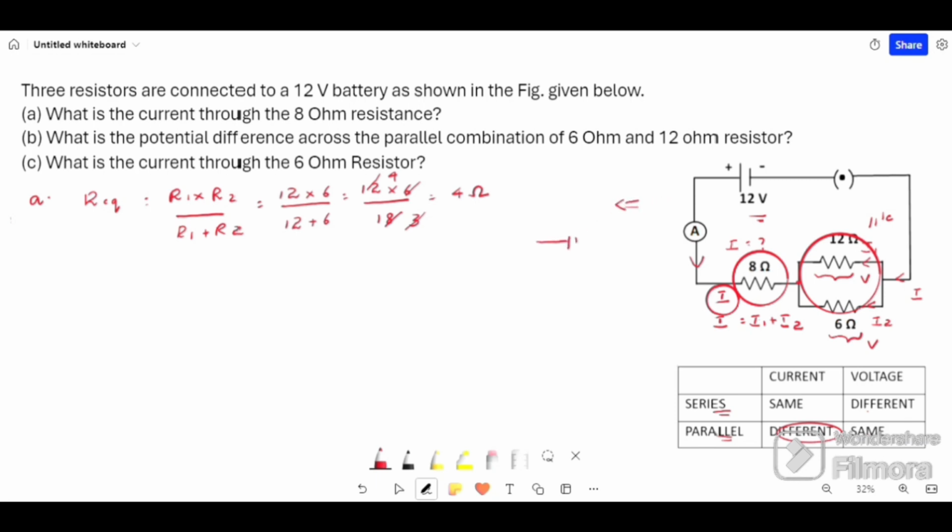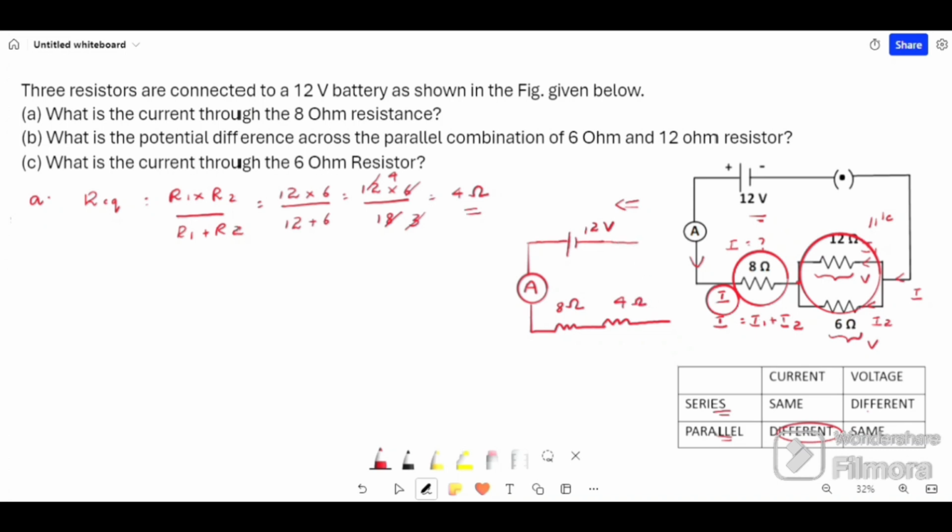Now we can draw the equivalent circuit as shown. We have a voltage source of 12 volt. Now we have an ammeter connected. A means ammeter. It is a device used to measure the current. Now 8 ohm resistor, and both 12 ohm and 6 ohm can be replaced by a 4 ohm resistor. 4 ohm resistor is connected as shown.